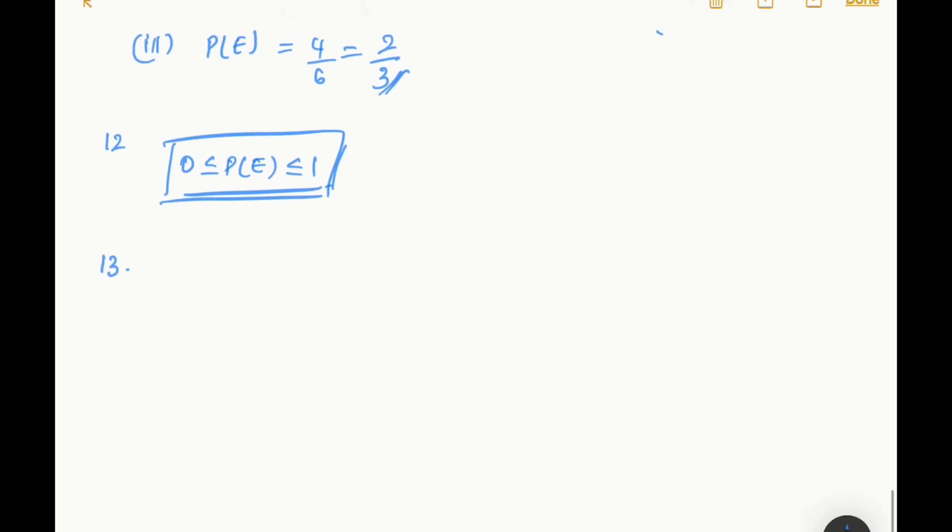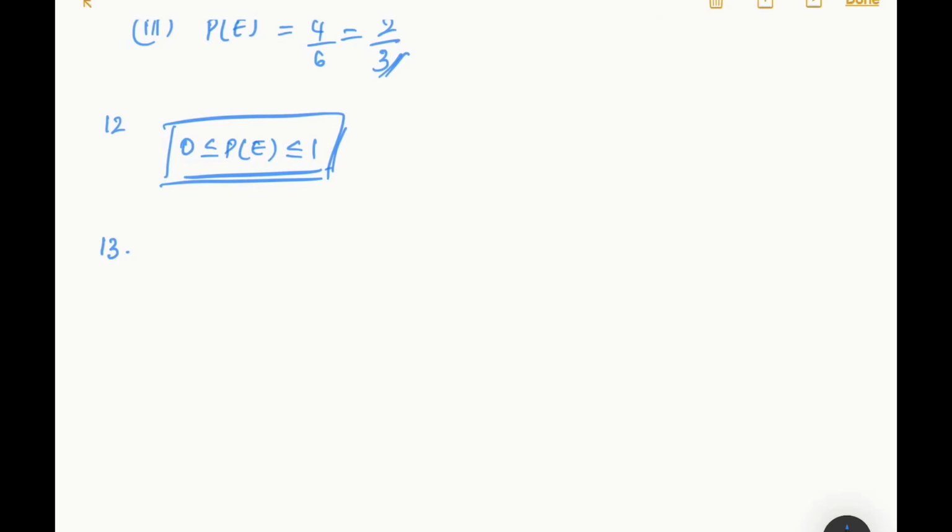Okay. Now let me do the 13th question. Question number 13. A bag contains 6 identical black balls. A child withdraws 1 ball from the bag without looking into it. What is the probability that he takes out a white ball? So the bag contains only black balls, right?